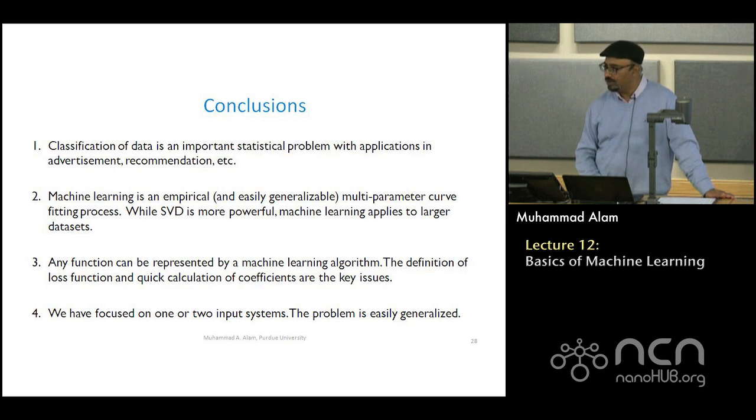It's good for business and this and that, for various things, but not for us. And then I hope you'll remember that any function can be represented by machine learning. That's a general theorem. I explained one or two, but you can get that here. If you have more, the same algorithm, same in the TensorFlow homework, you'll be able to have that.